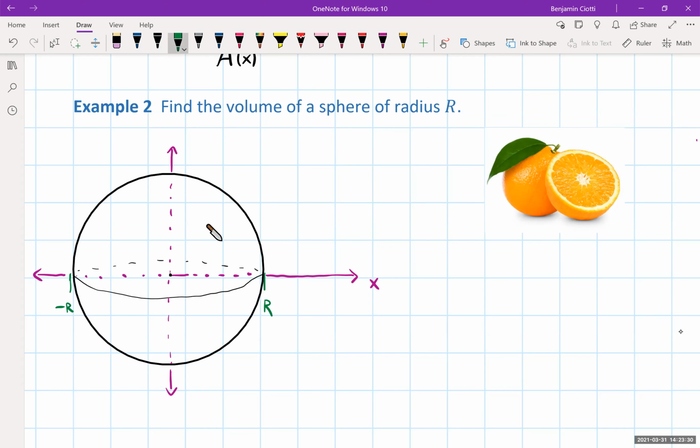Suppose that I slice it right there. My cross section is going to look like a big disc. So there's my cross section.